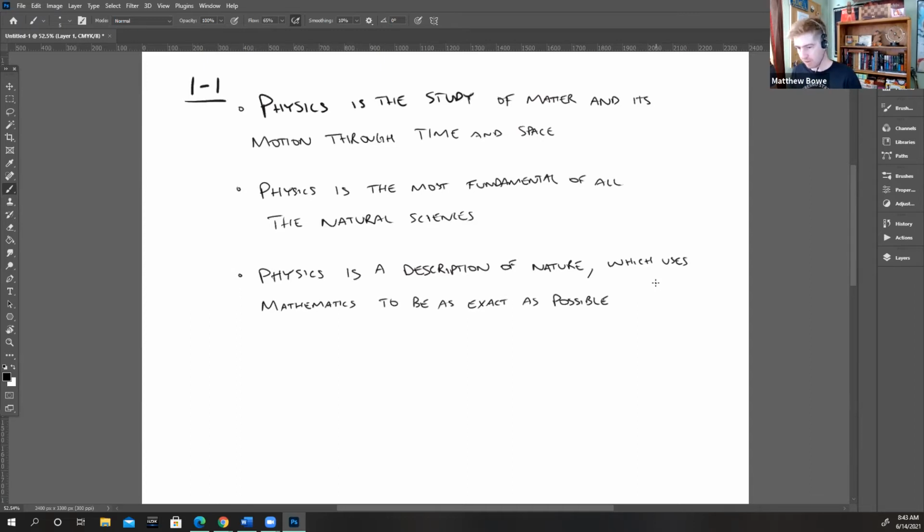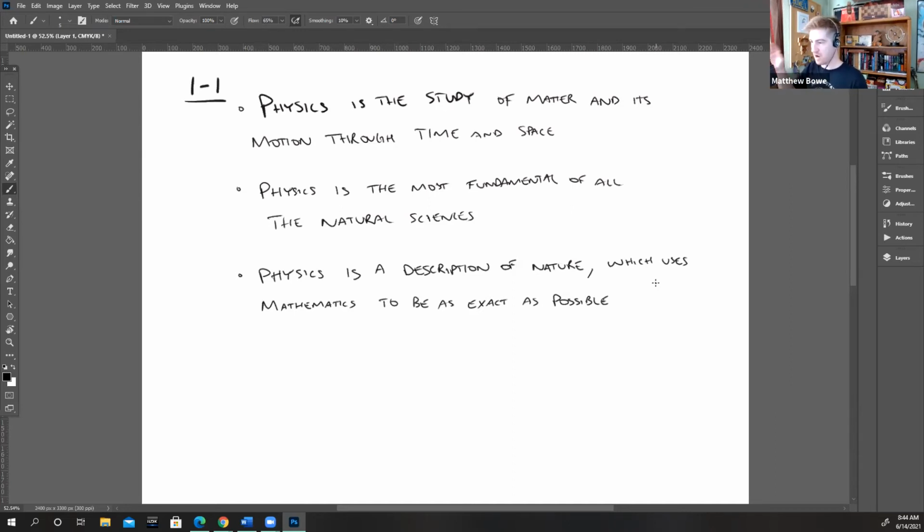So all things embody something that is described in math, and physics strings those properties together and makes sense of them. How does that ball fly through the air?